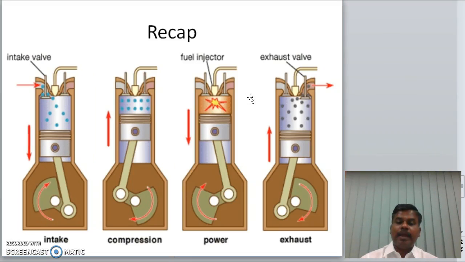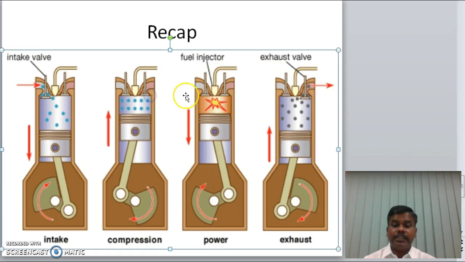So we can recap these four operations. The first one is the suction stroke, where the air is coming in. The second one is the compression stroke, where the air gets compressed. When it attains TDC, a metered quantity of fuel is injected into the compressed air and it gets ignited, and the power is produced.